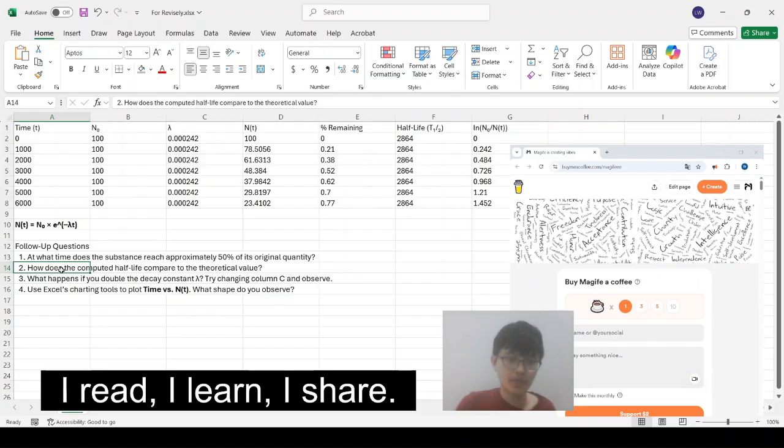This theoretical value means that the substance used in this example is carbon. It uses carbon 14. Carbon 14 has a half-life of around 5,730.